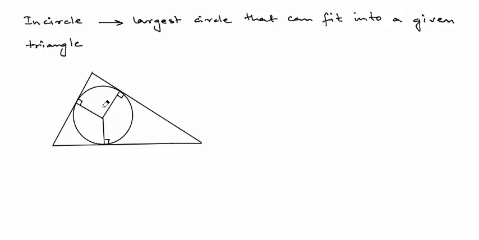And the radius of the incircle is given by the formula A over S, where A is the area of the triangle and S is the semi-perimeter of the triangle.